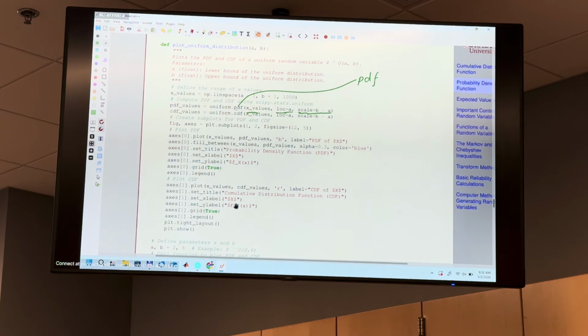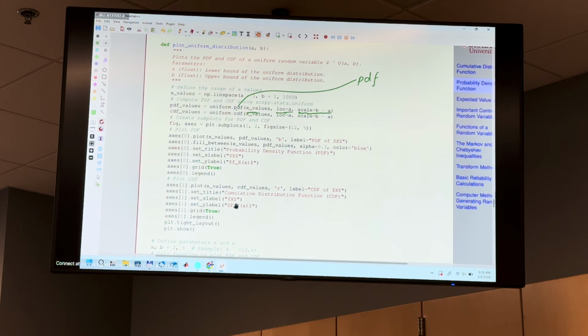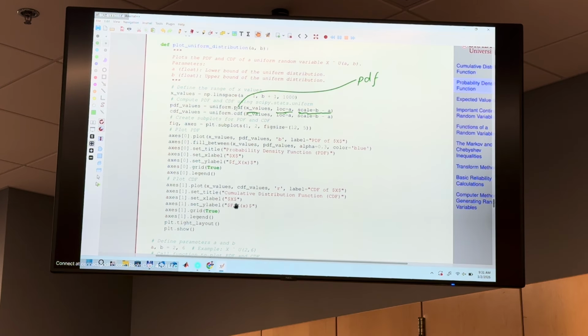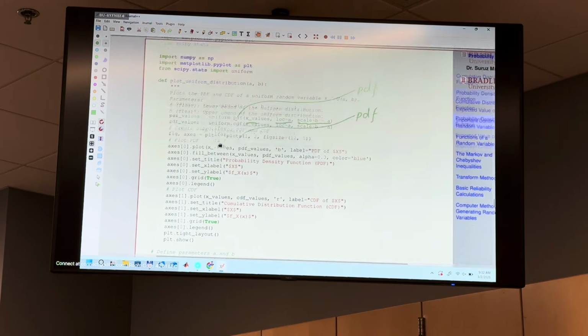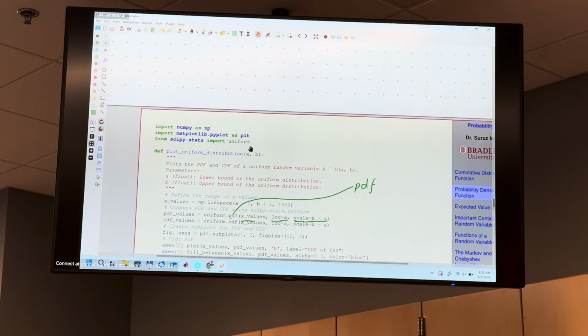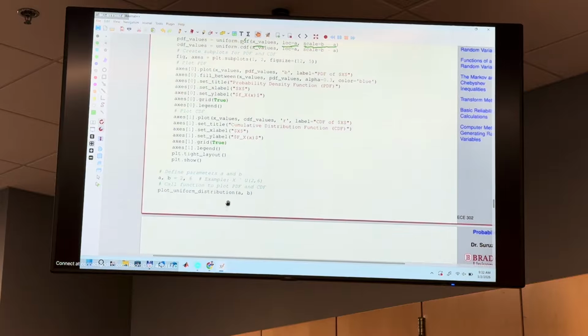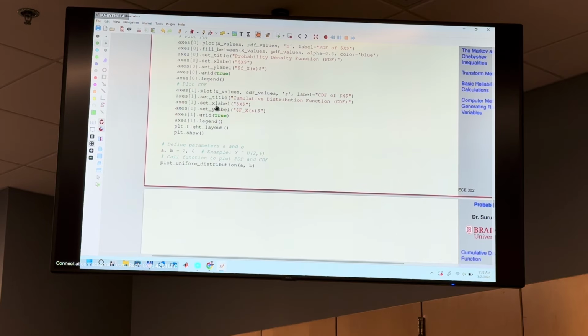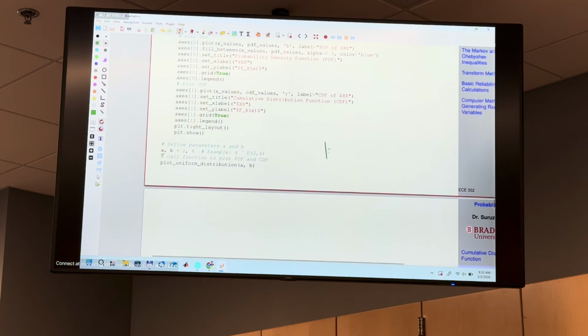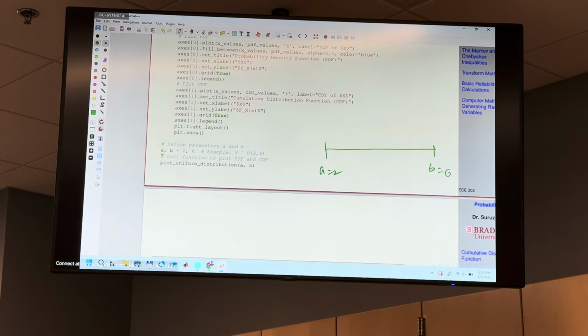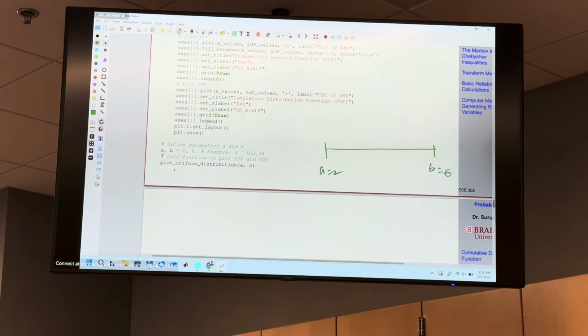So as you could figure out, if you know the theory properly, then implementing this function from a statistics package is a piece of cake. In this example, we have A, B equals 2, 6, which means A equals 2, B equals 6, and then you can just pass them to the plot uniform distribution function.